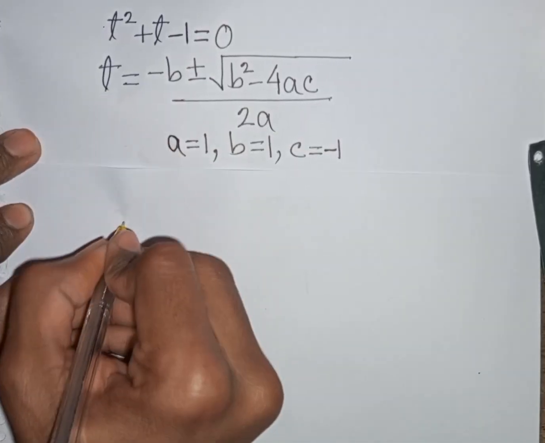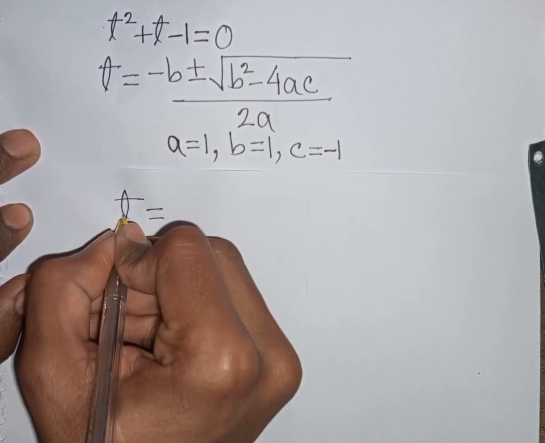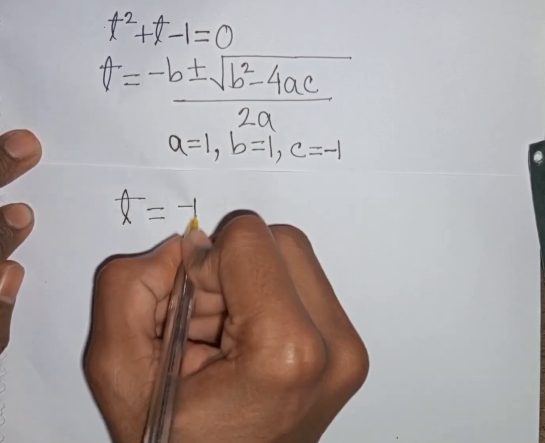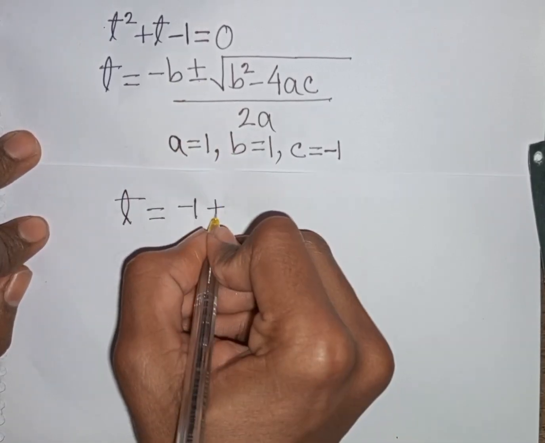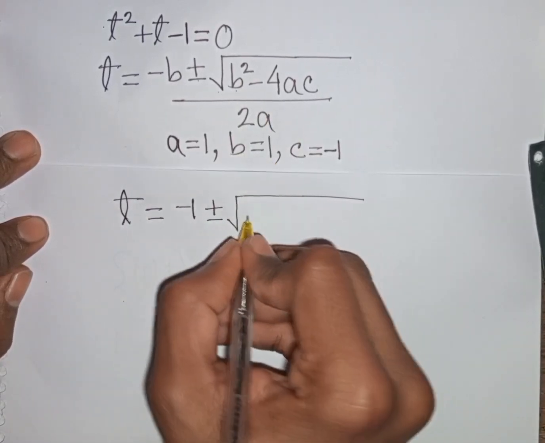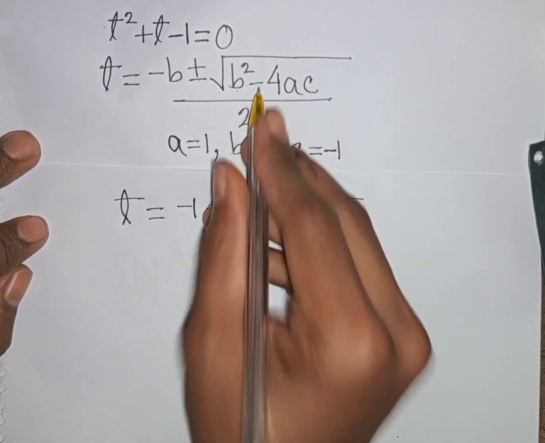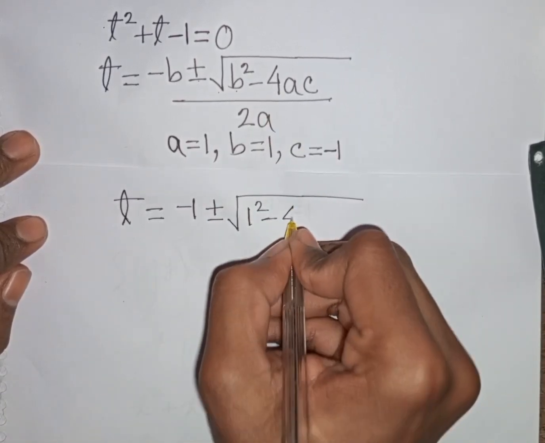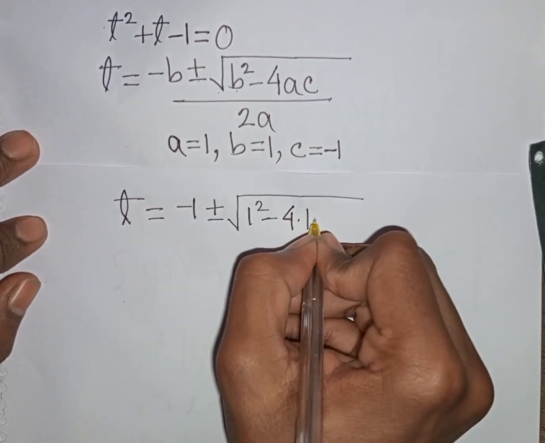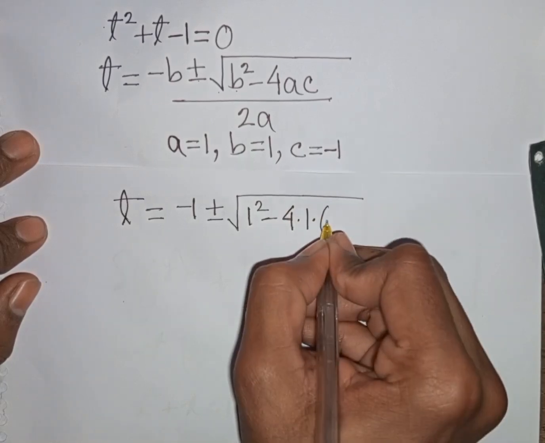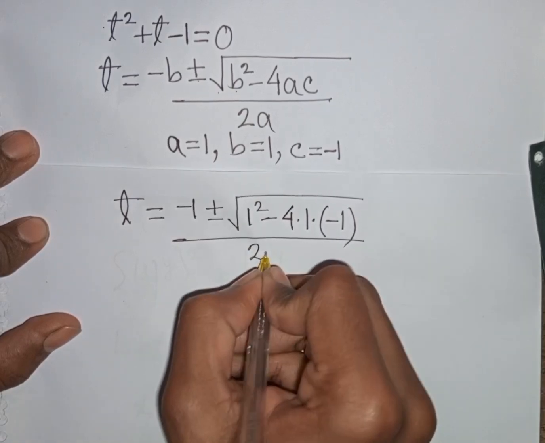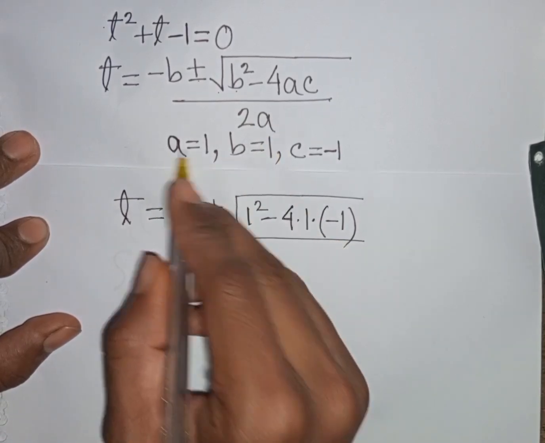Now we can write t equals minus b, that means minus 1, plus or minus square root of b^2, that means 1^2, minus 4 times a, that means 1, times c, that means negative 1, divided by 2 times a, that means 1.